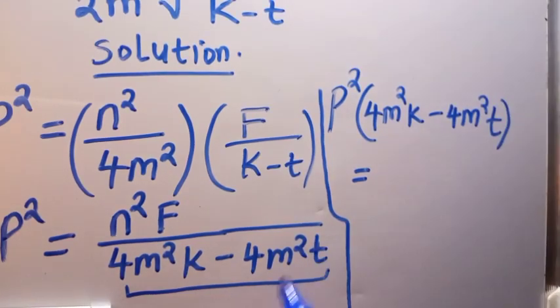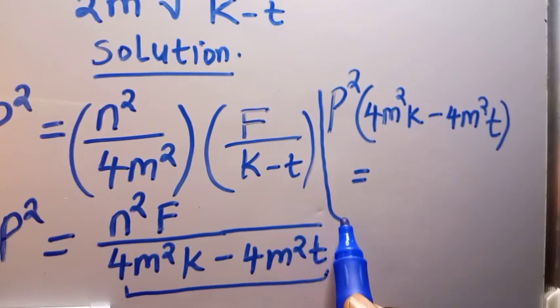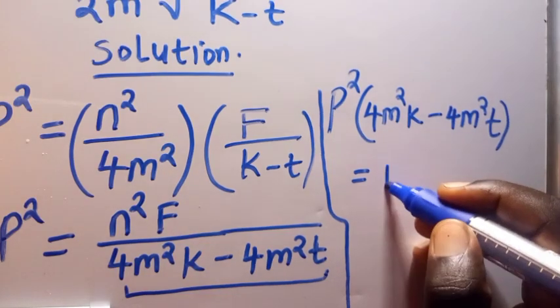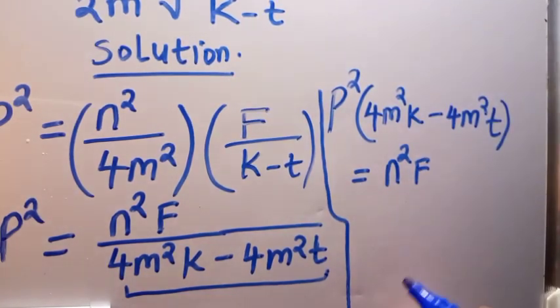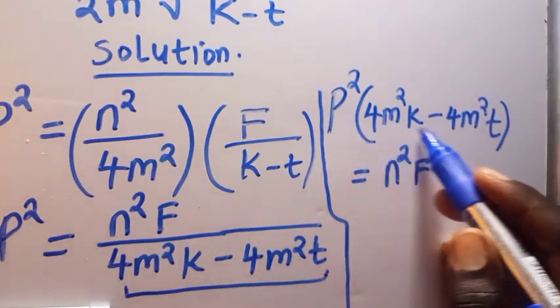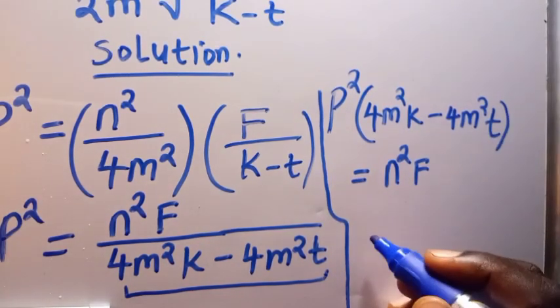if we multiply by what we have on our denominator on both sides, then at this left hand side, it will disappear. And therefore, we shall only remain with n squared f. Then at that point, we shall open the bracket here.